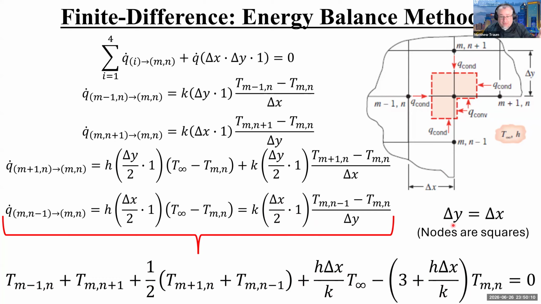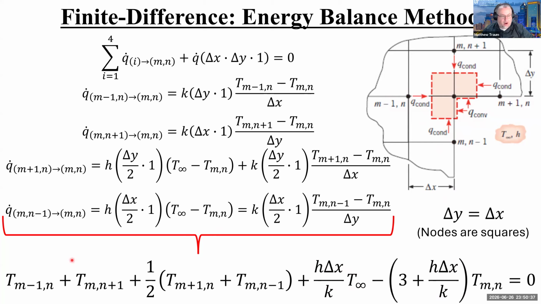But if I know the temperature at these surrounding nodes, m n minus 1, m minus 1 n, m n plus 1, and m plus 1 n, and I know the thermal conductivity of the object, and I know the convection coefficient, and I know the infinite ambient temperature, I can plug in to get this value, I can plug in to get this value, and now it's just like before, right?